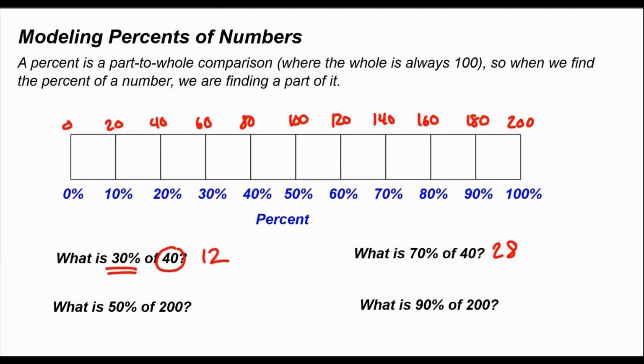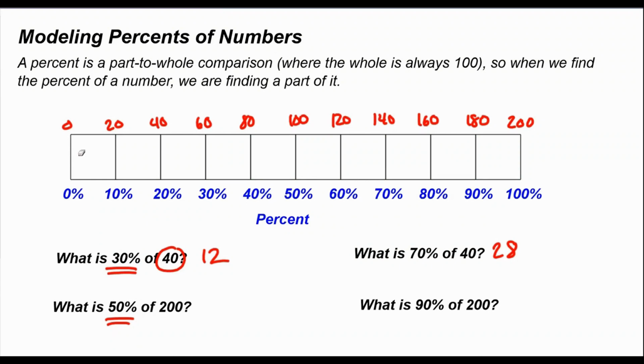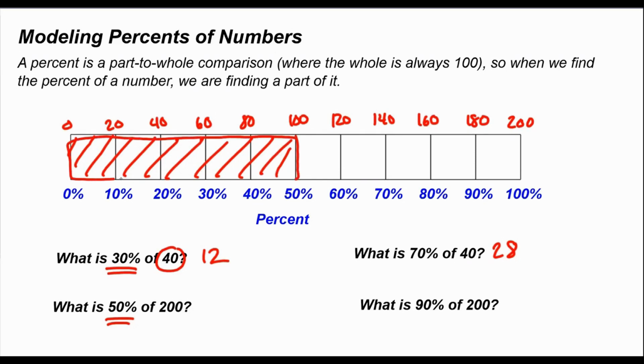So now I've divided my bar up equally, both percents and the number, and I want to find 50% of 200. So 50% of 200 would be filled in to here, or half of my bar is filled in, and 50% of 200 is 100.